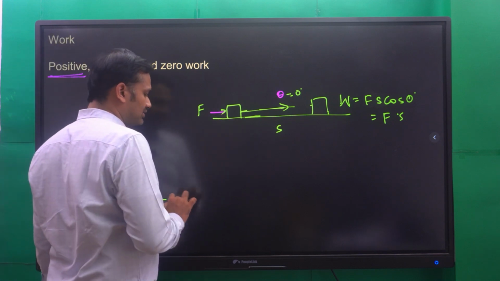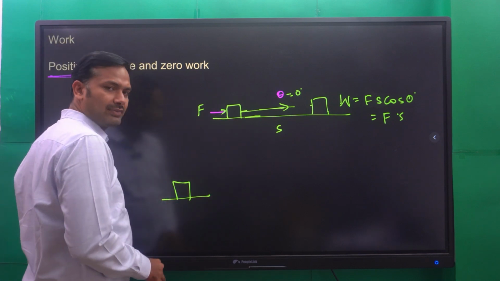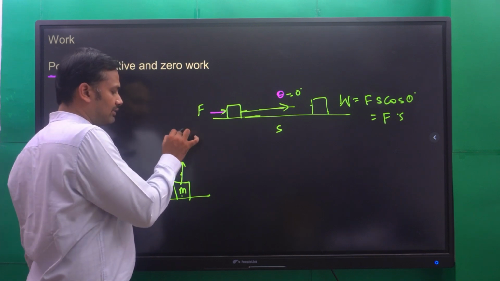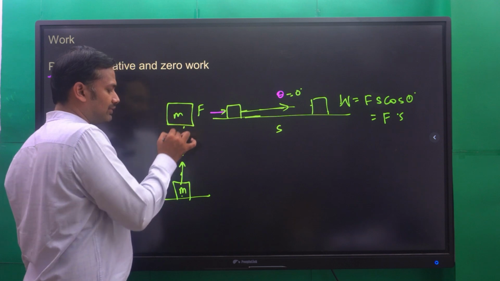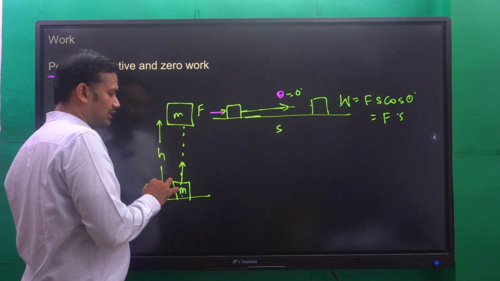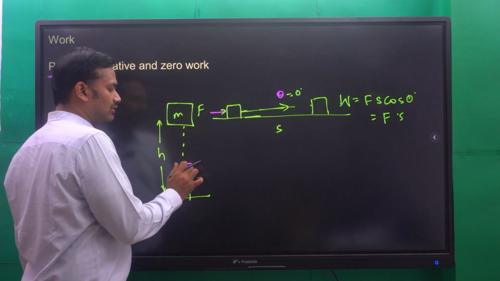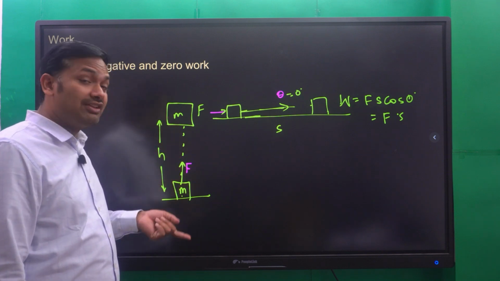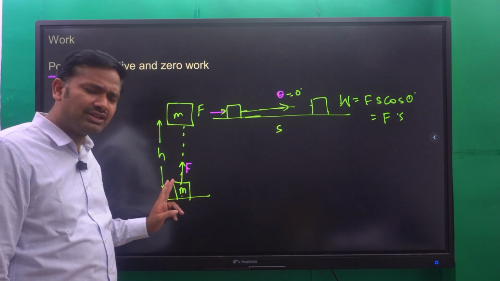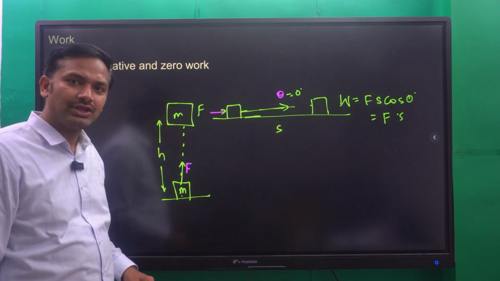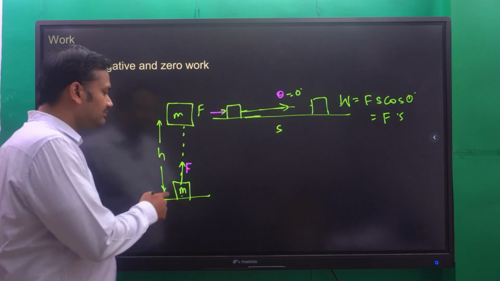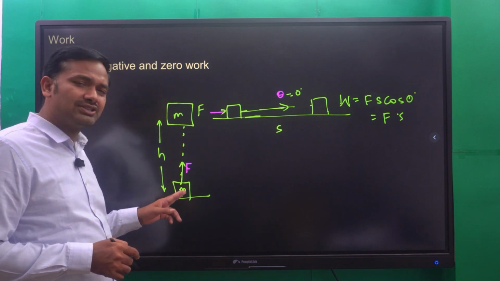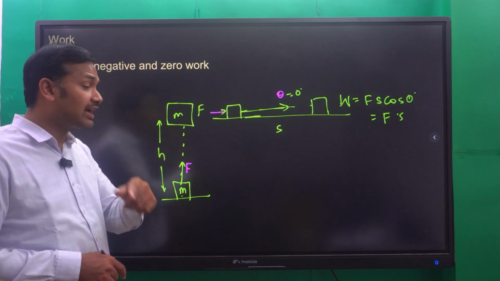Suppose this same block is there. We have shifted this from here to here, height h. So here the applied force is in the upward direction. In which direction is the displacement? Displacement is also in the upward direction. Because of this, theta is 0, because displacement and force both are in the same direction.